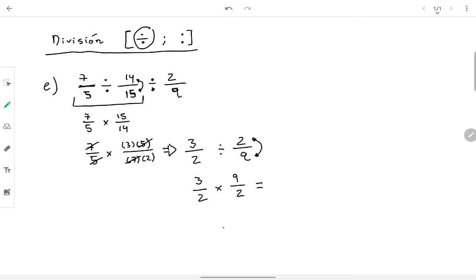You can decompose 9 as 3 by 3 but it cannot get eliminated, so we can multiply it and it will be 27 over 4, or 27 fourths. So that will be the procedure if we have three fractions divided. We first made the first two of them, and after we have an answer of that division, we made the other part of the division. We cannot make it in a single step.